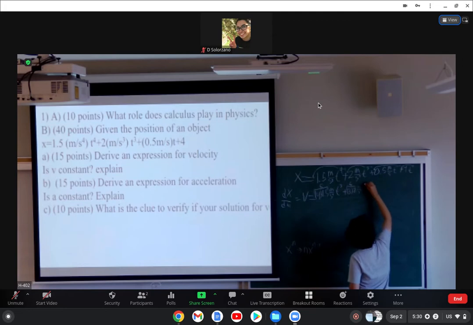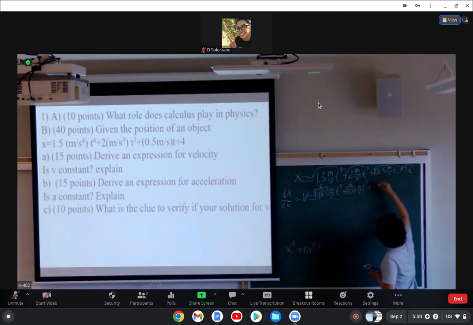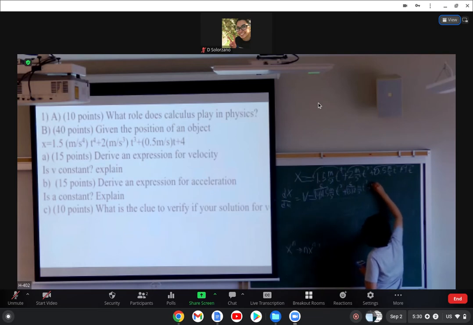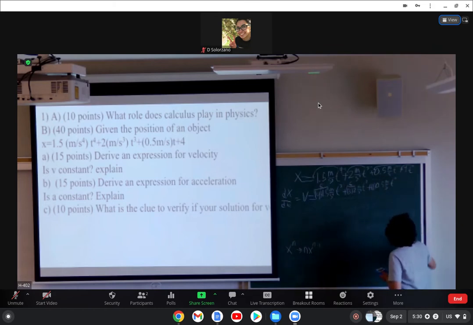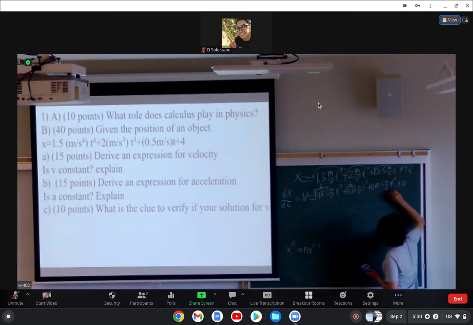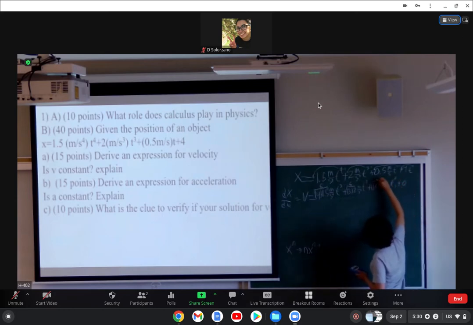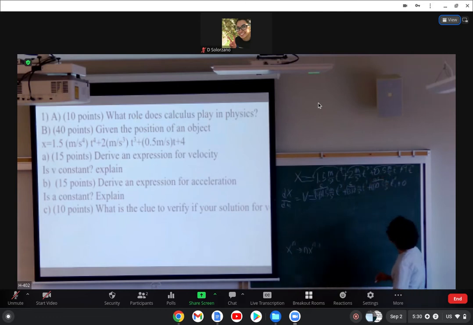This one is going to be 1 times 0.5 meters over seconds, t to the 0, and then the constant is going to be 0. So this t to the 0 is going to become 1. This is going to stay at 0.5 because it's times 1, and then those are 2 sixes.